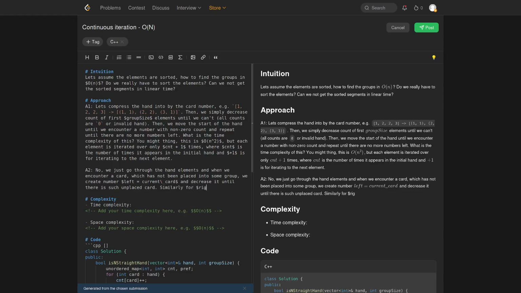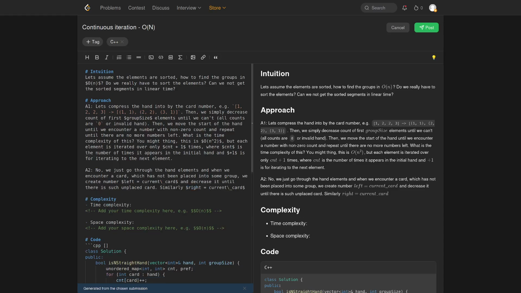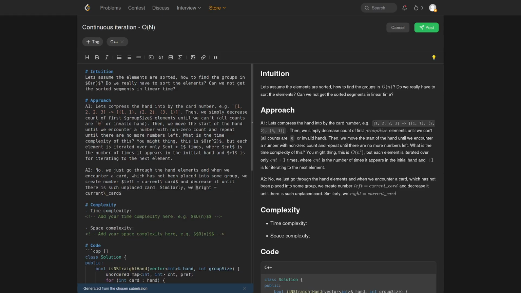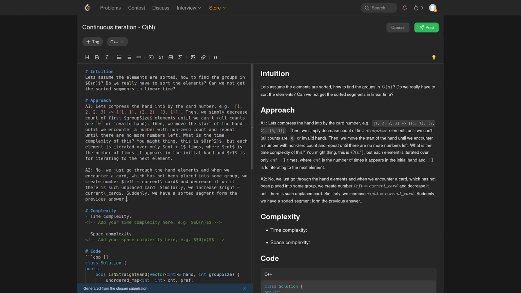Similarly for right current card. Okay. Suddenly we have the exact sorted segment from the previous answer.